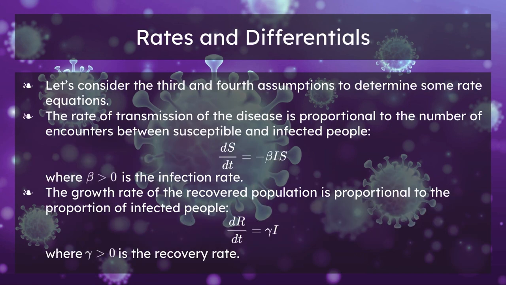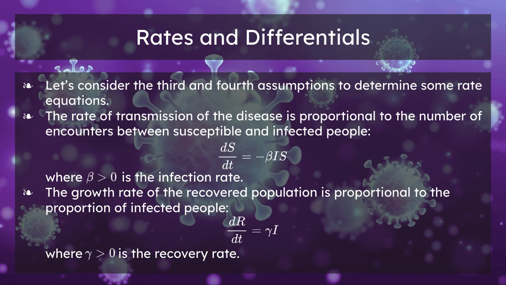Let's consider the third and fourth assumptions to determine some rate equations and differentials. So we had that the rate of transmission of disease is proportional to the number of encounters between susceptible and infected people. So when we're talking about the rate of transmission of the disease, we're really considering movement from the S subpopulation to the I subpopulation.